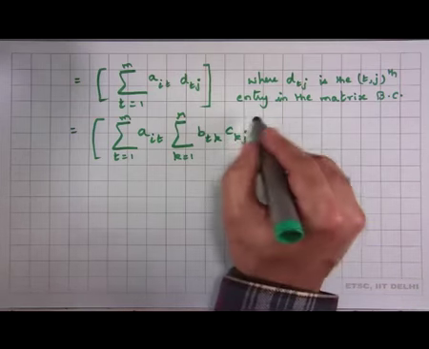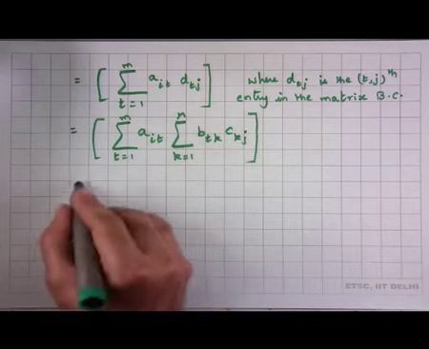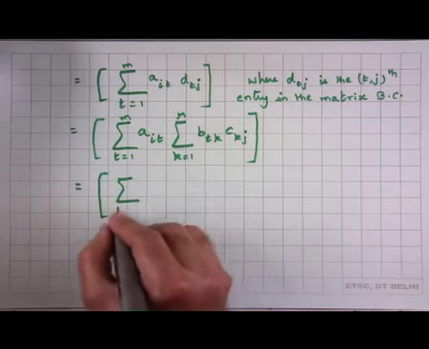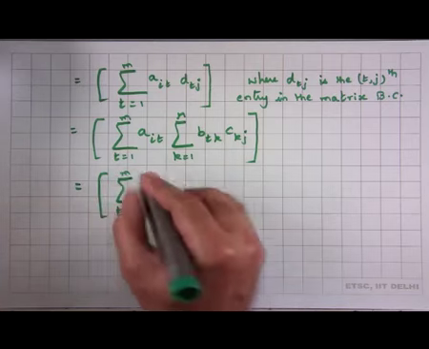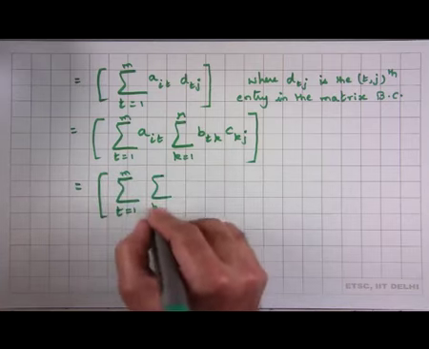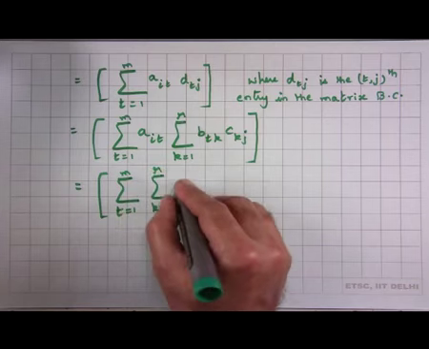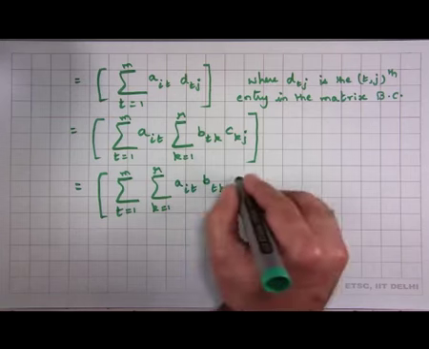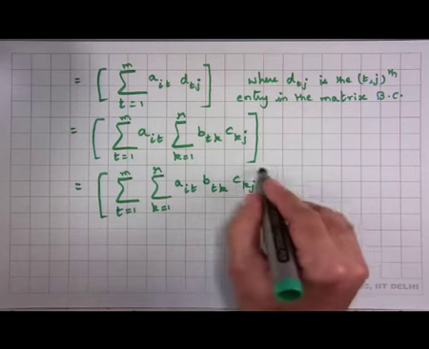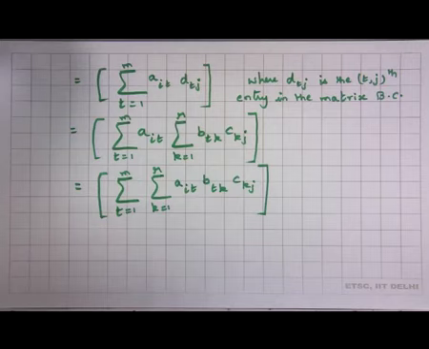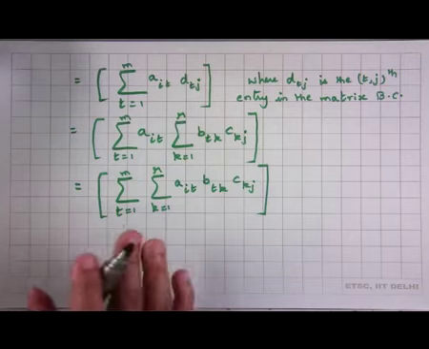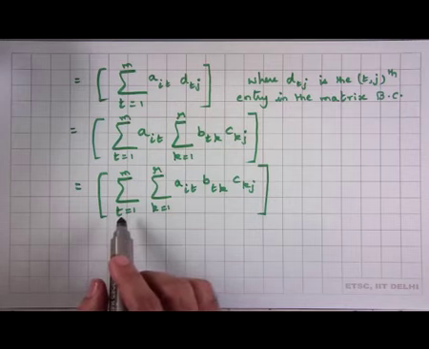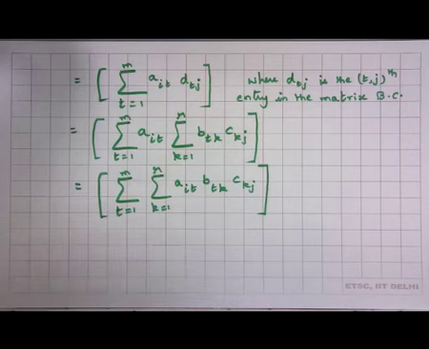This is what I have, which is equal to summation t running from 1 to m, summation k running from 1 to r, a_it b_tk c_kj. After expanding all the brackets, finally the ijth entry of A dot B dot C is given by this formula.